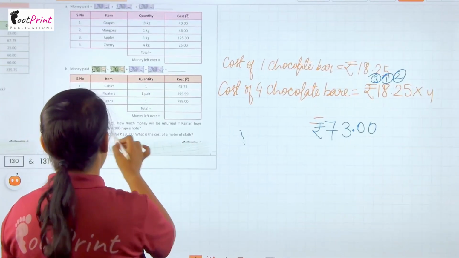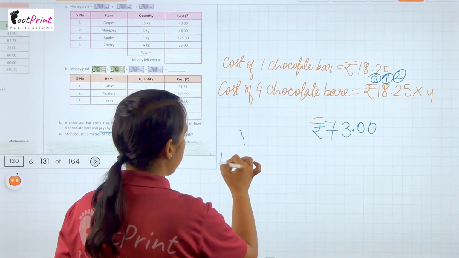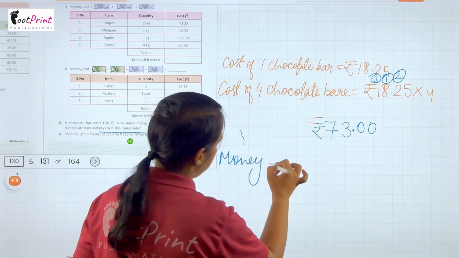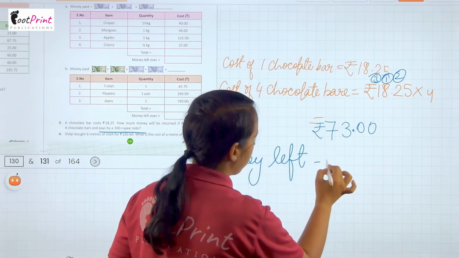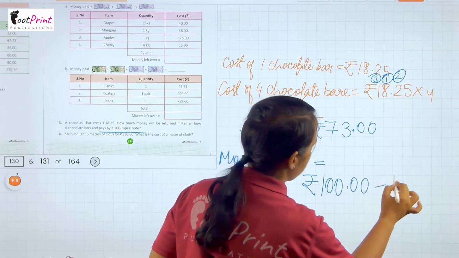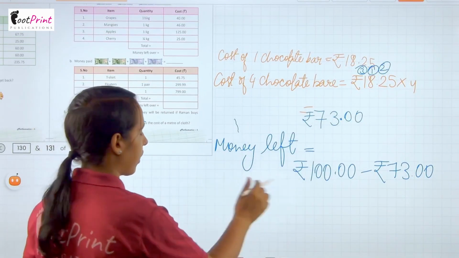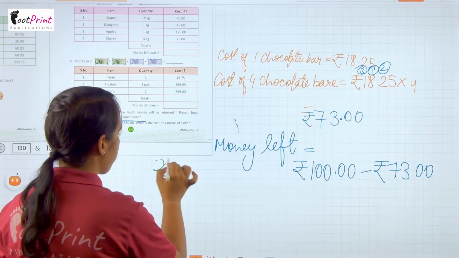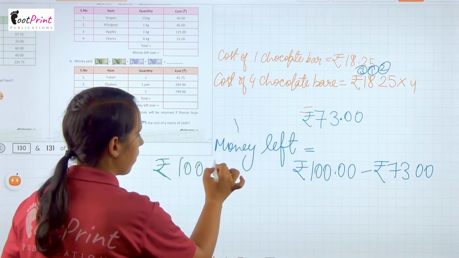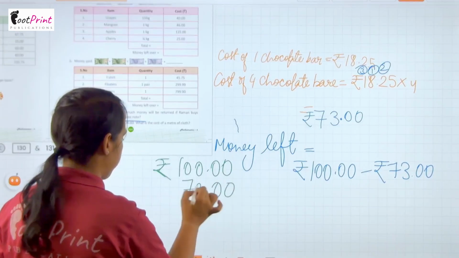Now he gave a 100 rupee note and we have to find out the money left over. For that what we do? 100 rupees minus 73 rupees. Now we will subtract it. So 100 rupees minus 73 rupees.